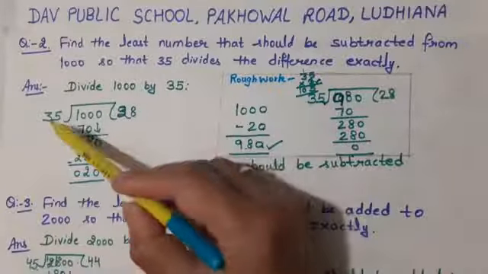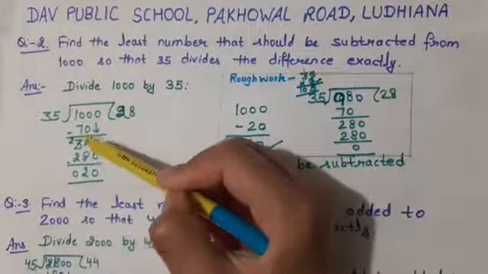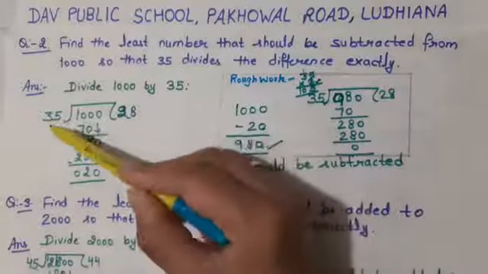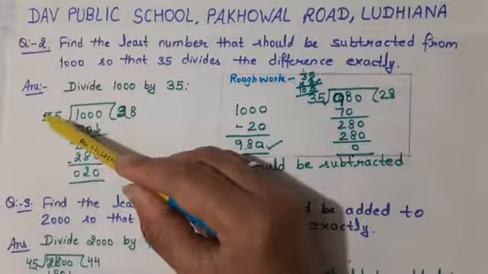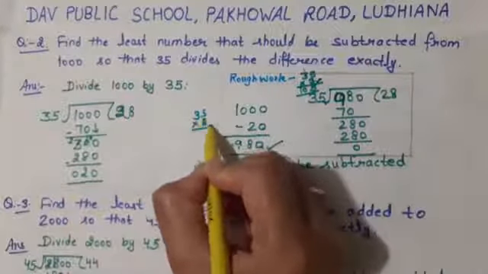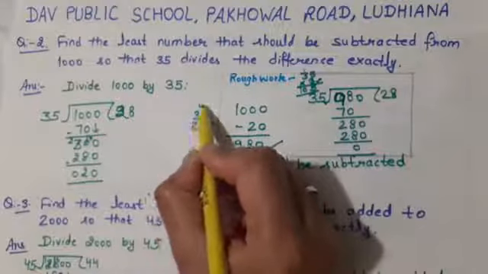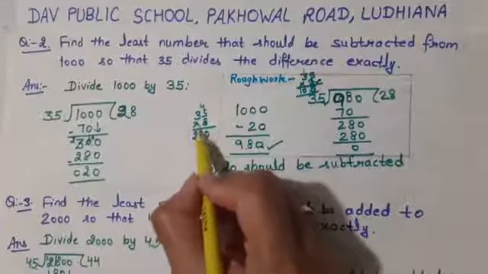If we take, suppose 7, 7 3 ja 21. We can take bigger number 8, 8 3 ja 24. We can check on table of 8. 35 multiplied by 8. 8 5 ja 40. 8 3 ja 24. 24 plus 4 is 28. Right?